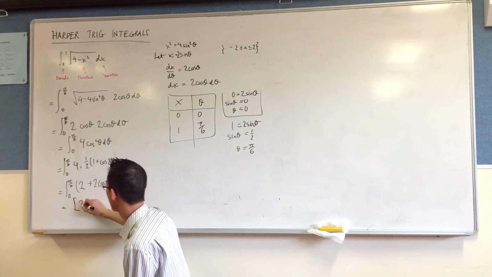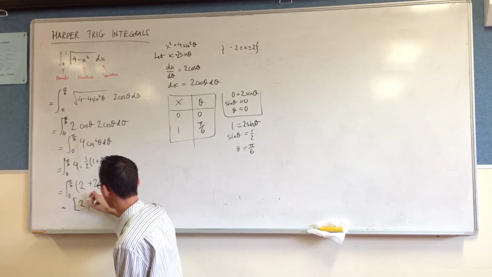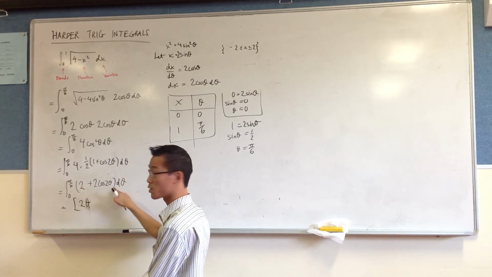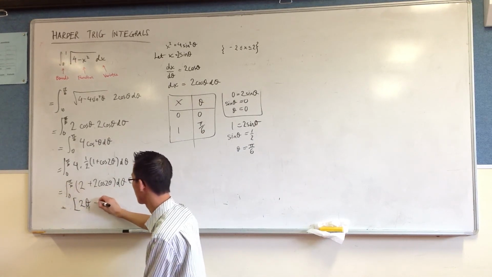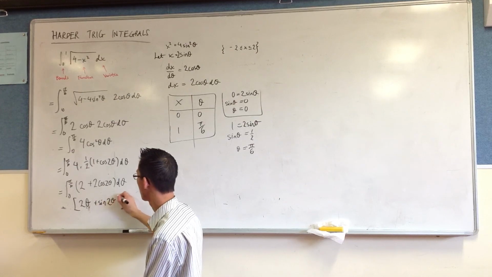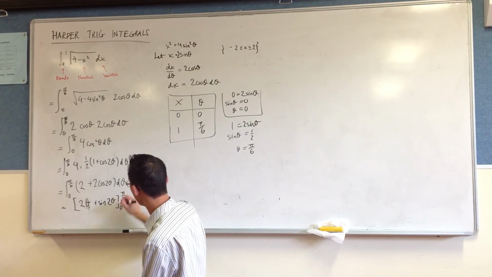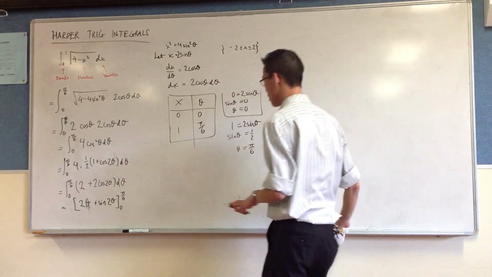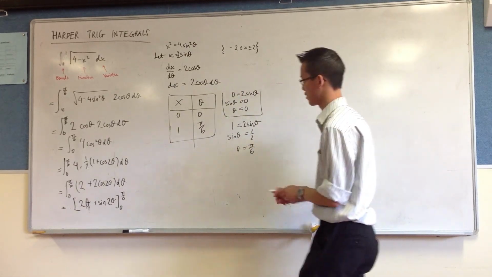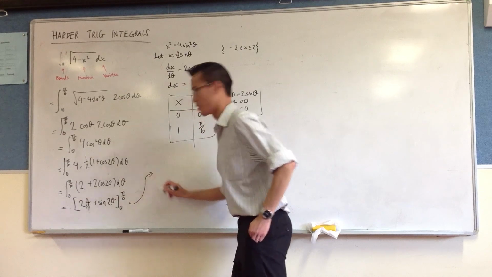So 2 turns into 2 theta. 2 cos 2 theta turns into sine 2 theta, right? From 0 to pi on 6. Okay. Now, I'm going to be a bit naughty and just leave this here because there's only one step left.